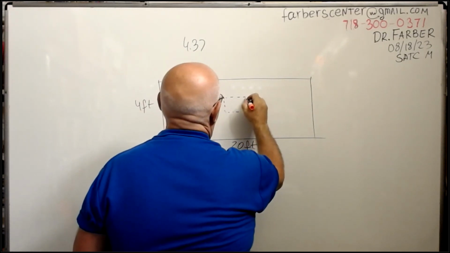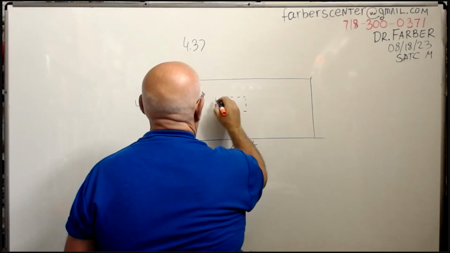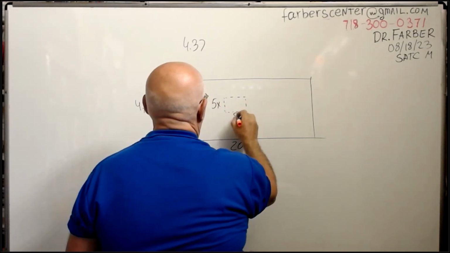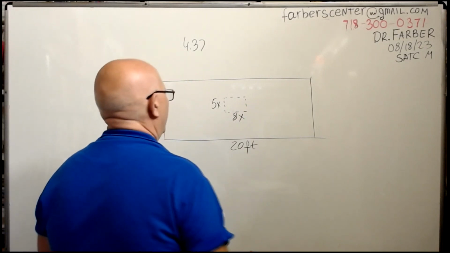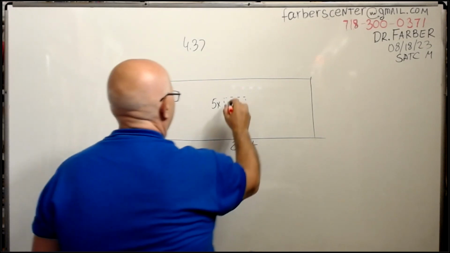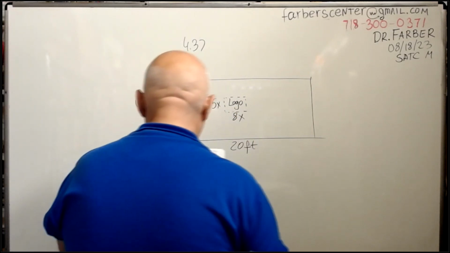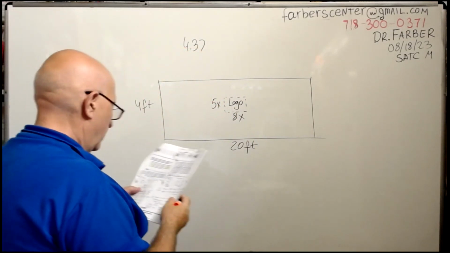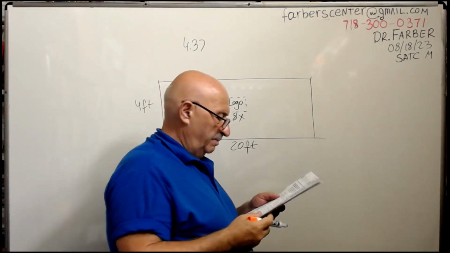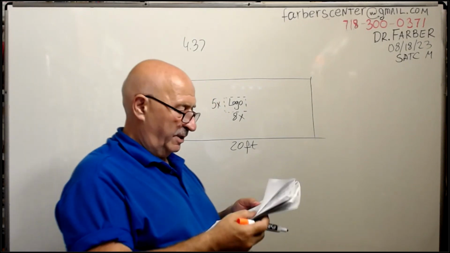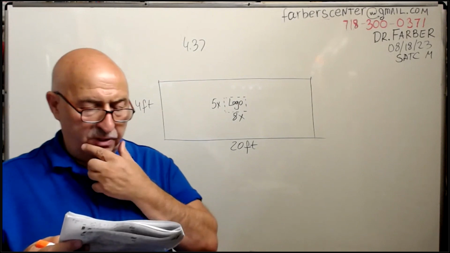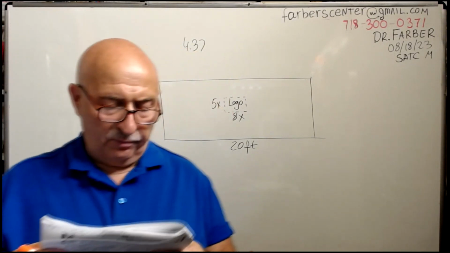I don't know the dimensions of this, but I know if this is 5x, this is 8x. Why? Because they said this is a logo, and it is scaled so that its height matches the height of the banner.